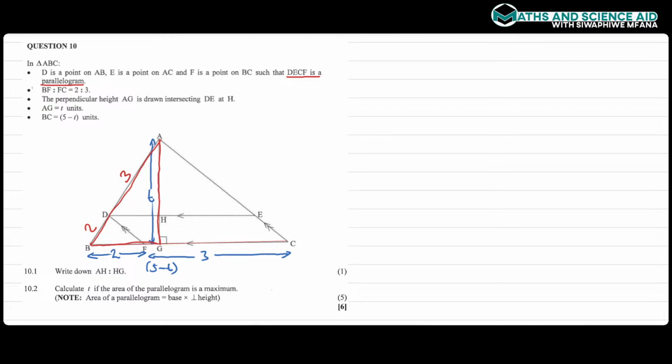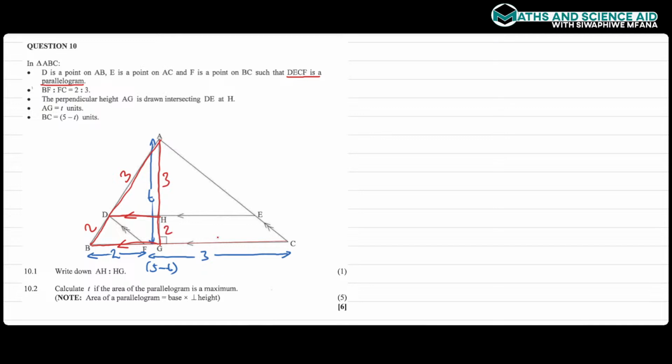If you just focus on triangle ABG, you see that here on triangle AGB, we've got this line DH. You see this line DH, which continues to move to F. That line is parallel to BC. Therefore, we can also say that DH is parallel to BG. You see? And if that's the case, since we now know the ratio of AD to DB, that ratio should be equal to AH is to HG.